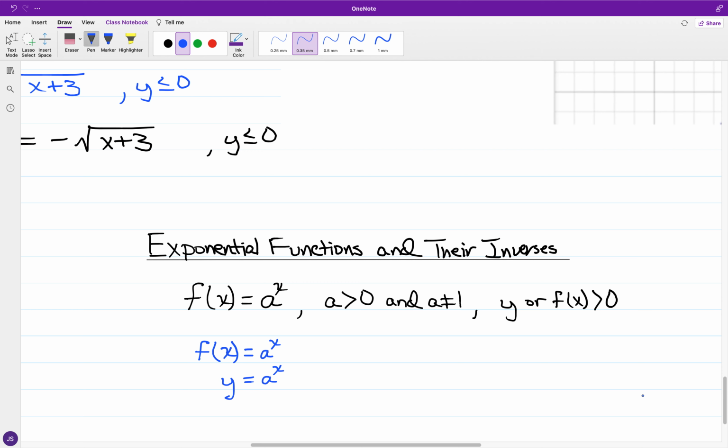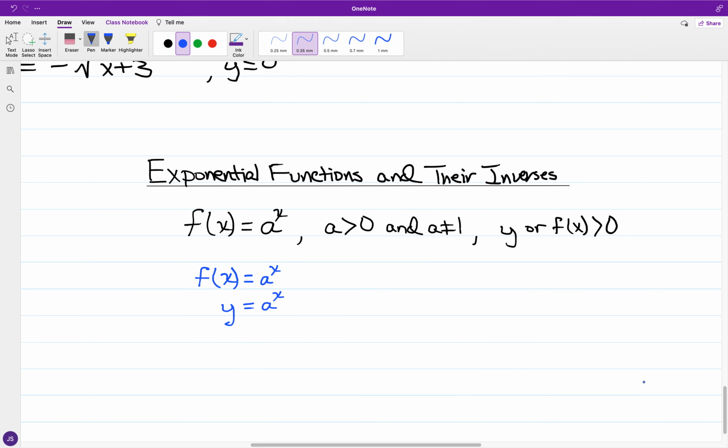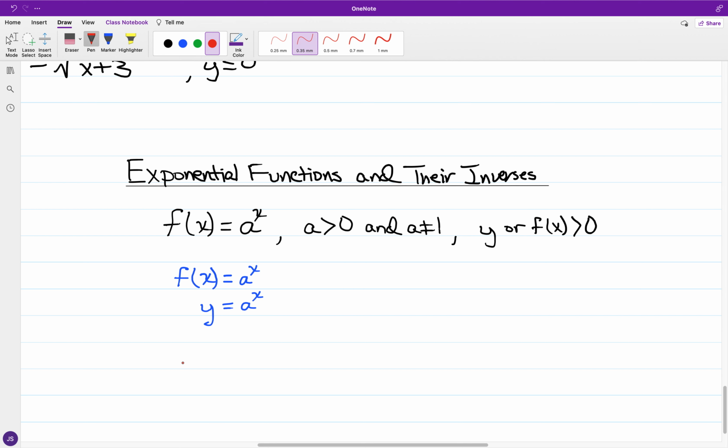You have y is equal to a to the x. And so I'm looking at again finding out what the inverse is going to be. So, after putting f of x in terms of y, in this case y is equal to a to the x, now while we have a totally different operation in comparison to what we have had earlier, I'm still going to be looking at interchanging x and y.